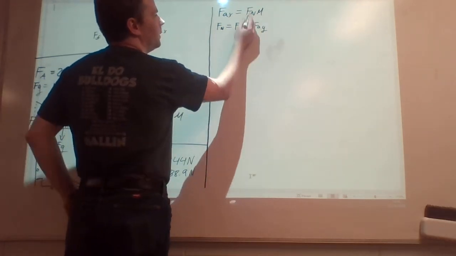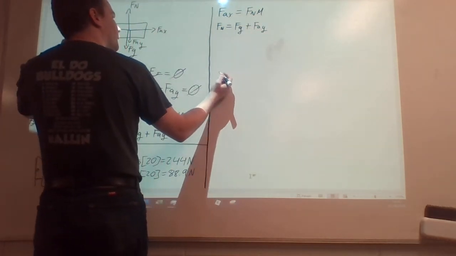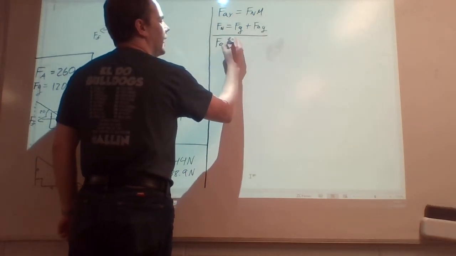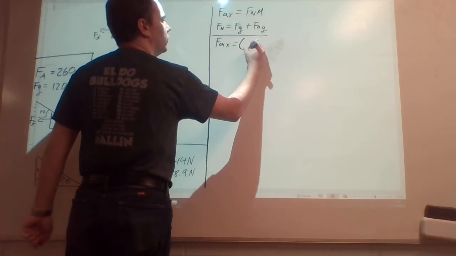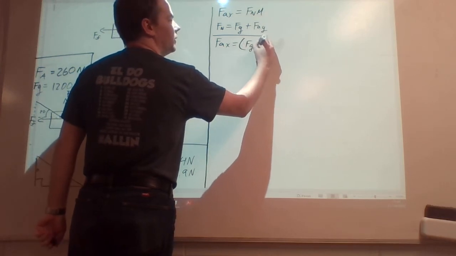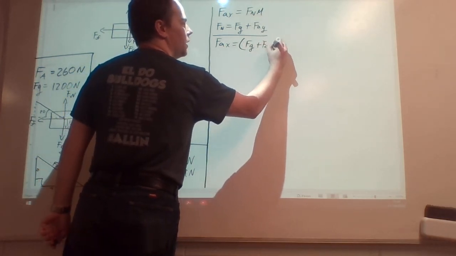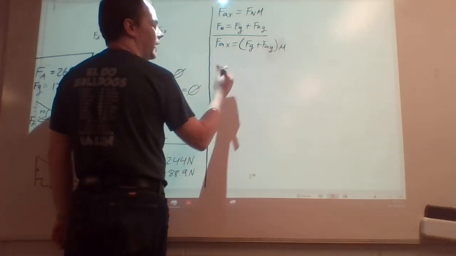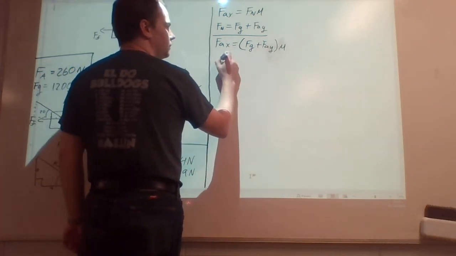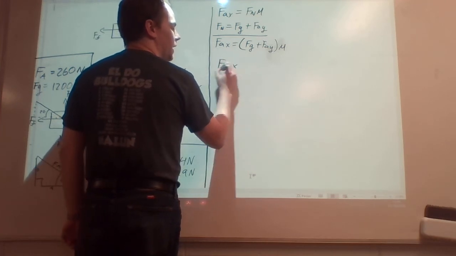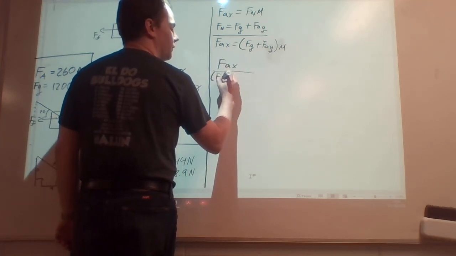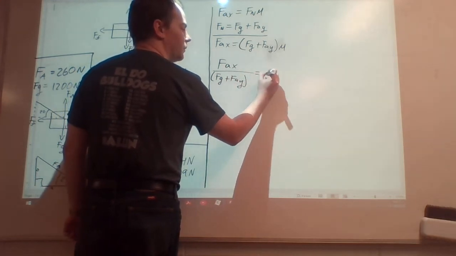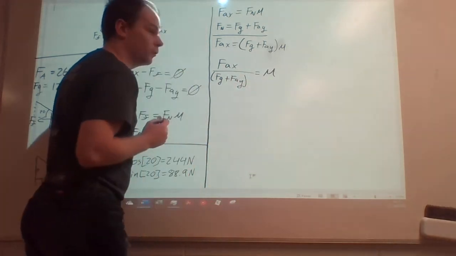So we can actually plug these in up here, and we get that FAX is equal to FG plus FAY times the coefficient of friction. So we can divide FAX by FG plus FAY, and that will give us our mu, which is what we're trying to find.